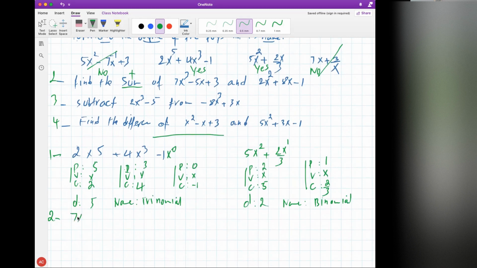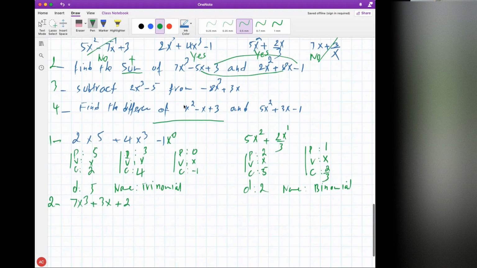No. So we're going to write it down. And do we have a like term to this one? Yes, those three. That's right. So it combines with -2. So it's going to be 3 plus 3x, and then plus 2, positive 3 minus 1 is plus 2. That's the sum. Again, you can combine it right away. No parentheses needed. Just make sure you combine like terms.